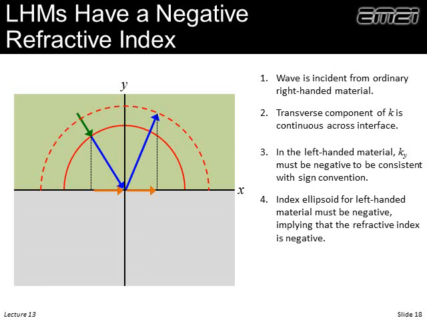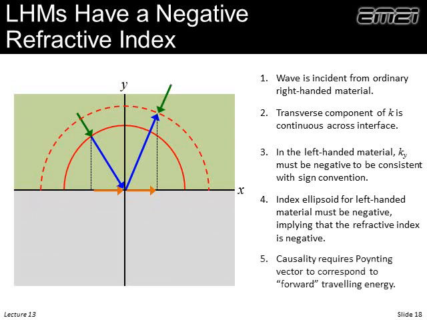Well, that index ellipsoid really is a map of the magnitude of K as a function of direction. If we know the frequency of the wave, that index ellipsoid really is a map of refractive index. We talked about this in earlier lectures. Since the index ellipsoid now is on the other side, that really implies this has a negative refractive index. And it turns out we need the negative refractive index really to describe refraction in these things.